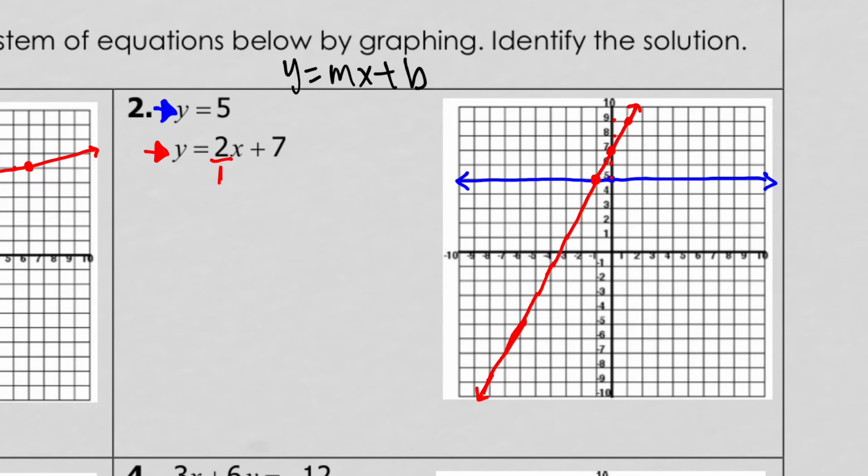What's my coordinate there? -1, 5. Right there. So at -1, 5. Do I have one solution, no solutions, or infinite solutions? One solution.